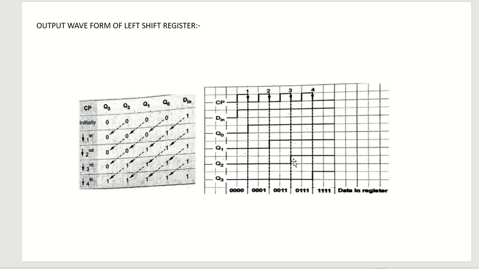At the second clock pulse, Q1 becomes 1 at the negative edge. At the third, Q2 becomes 1, and at the fourth, Q3 becomes 1 at the negative edge of the clock pulse. That's it.